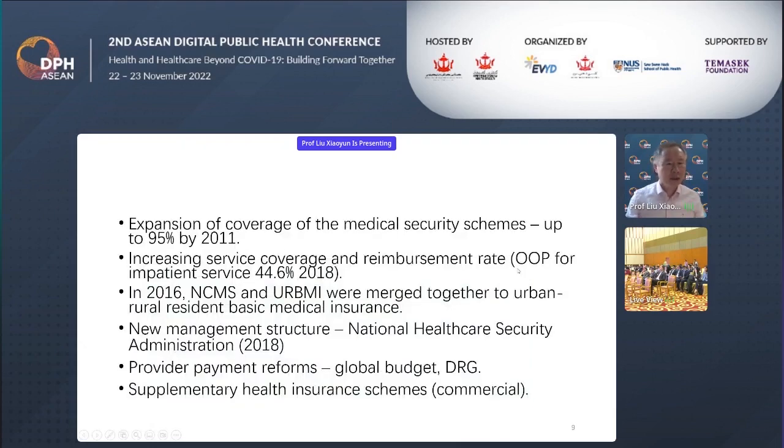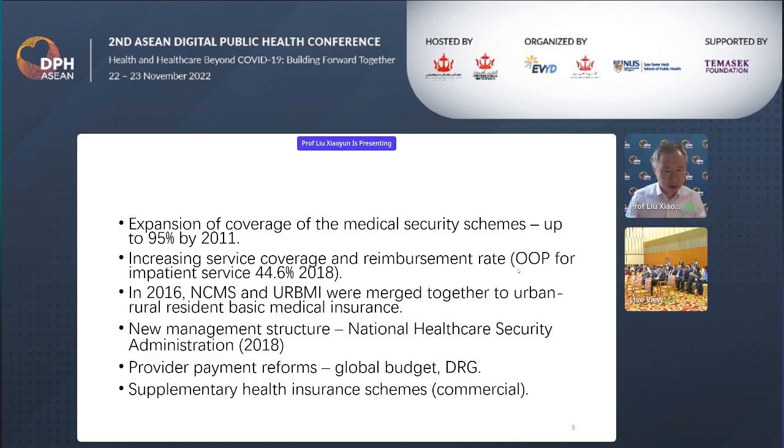So the changes in the last 10 years: the first is the expansion of coverage of medical security systems. By the year of 2011, the three different types of health insurance had almost covered 95% of all residents.